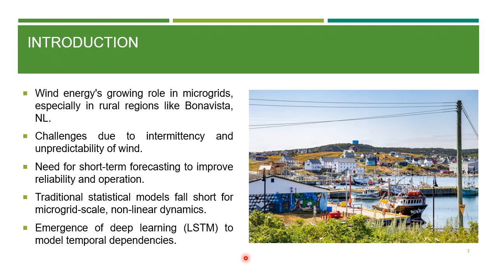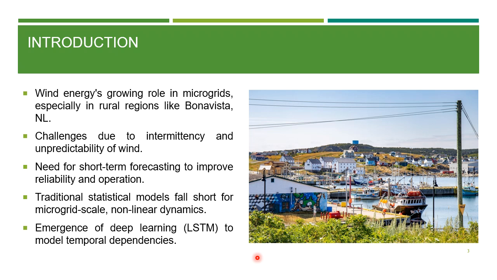In microgrids, especially in rural coastal regions like Bonavista, wind power plays a vital role. However, its unpredictability poses challenges in balancing supply and demand, scheduling energy storage, and reducing reliance on diesel generators and other conventional means of generating power.